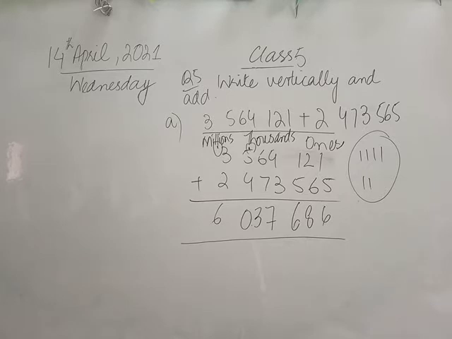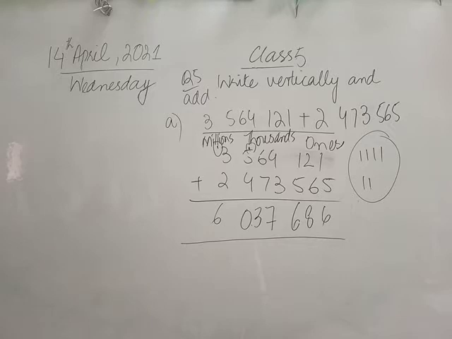Now I am going to read this number according to place value, which is 6 at million place, 037 at thousand place, and 686 at ones place.